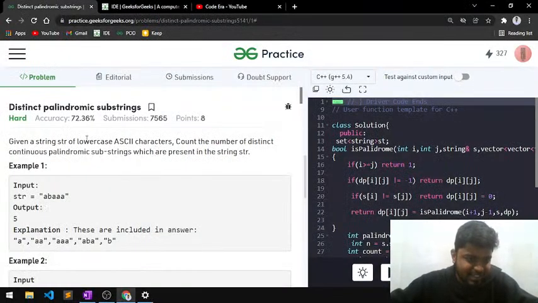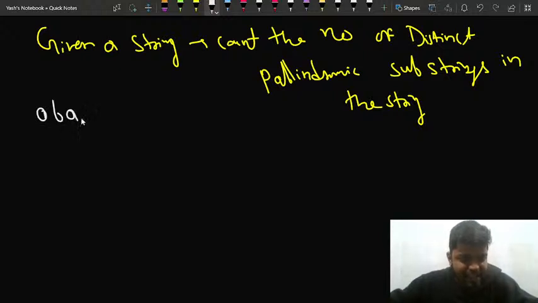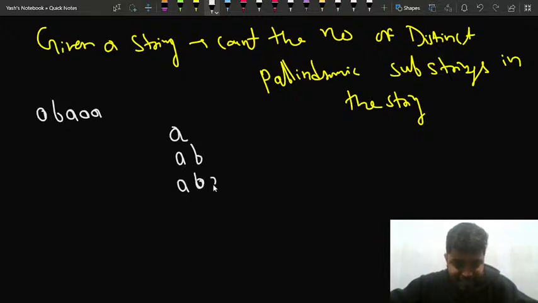Let's write this case. If you have A, then B, then A, what will happen in this particular case? One of the substrings is A, another is AB, another is ABA, and another could be ABA.